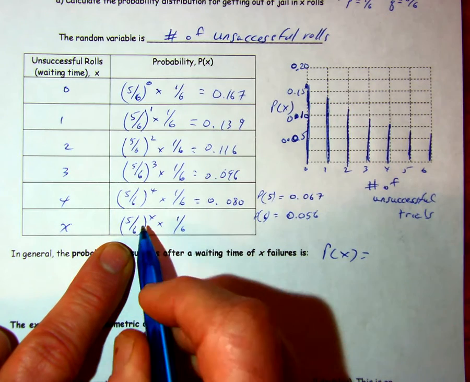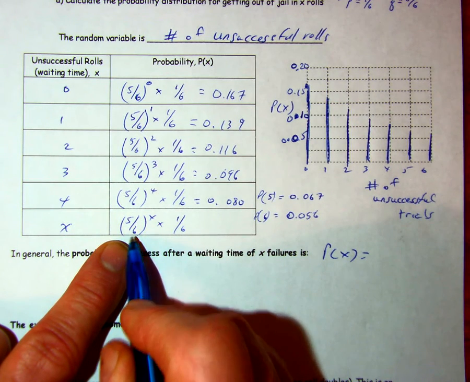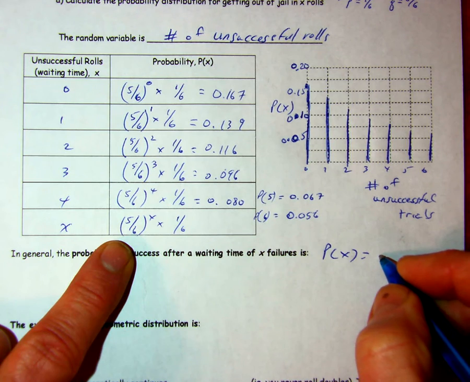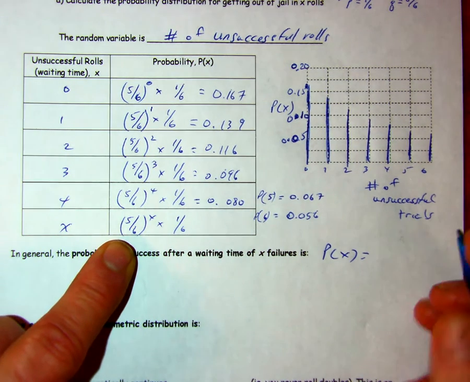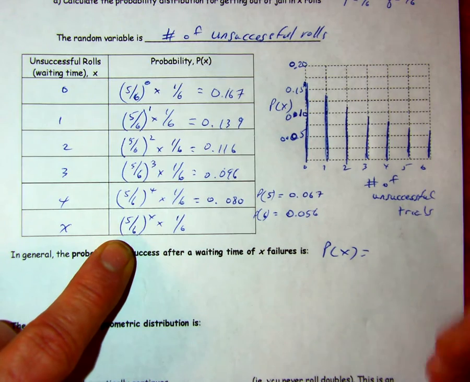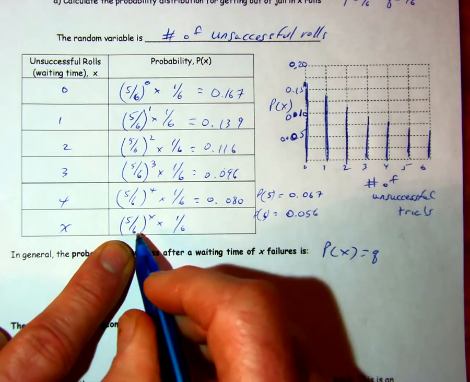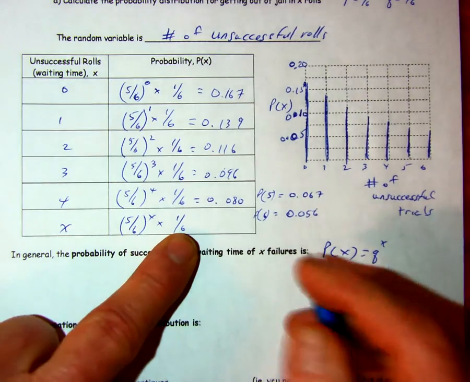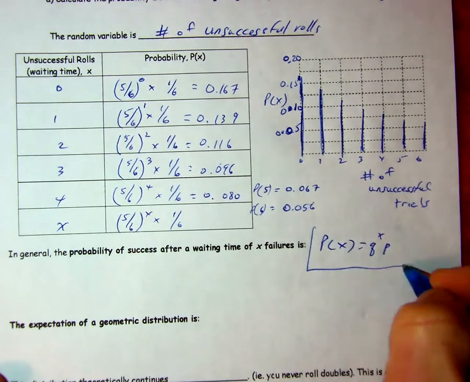Was that failures or successes? Failures. So what's the letter for failures? In math we use the letters P and Q. Which one's the success? It's Q, that's the failures, and then it's to the X, and then it's times the 1/6, which was the P in this case. So let's just put that in the box.